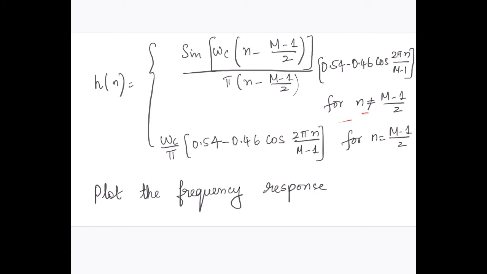This is for n not equal to (m minus 1) by 2, and if n is equal to (m minus 1) by 2, the formula is omega c by pi into the window function. It is equivalent to convolving both the sequences, and after this is done, plot the frequency response.